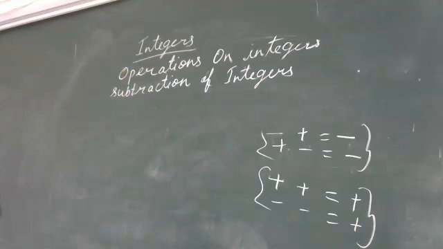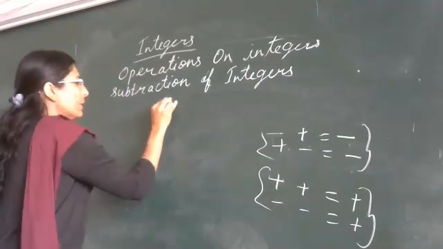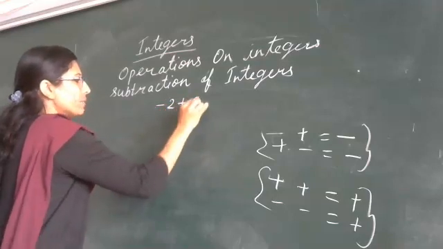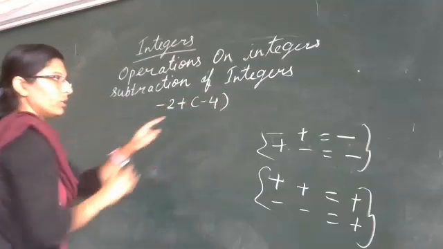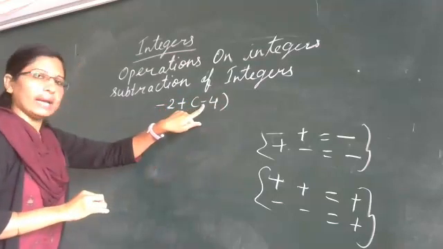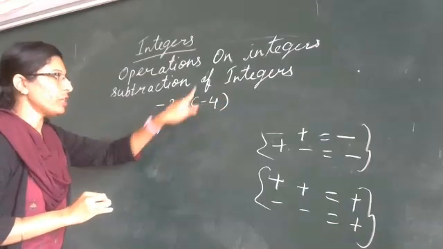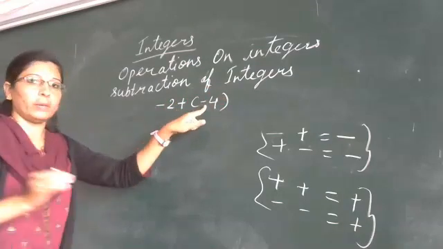One more example I'll ask you: minus 2 plus minus 4. Here a bracket is given, so first you have to remove the bracket.